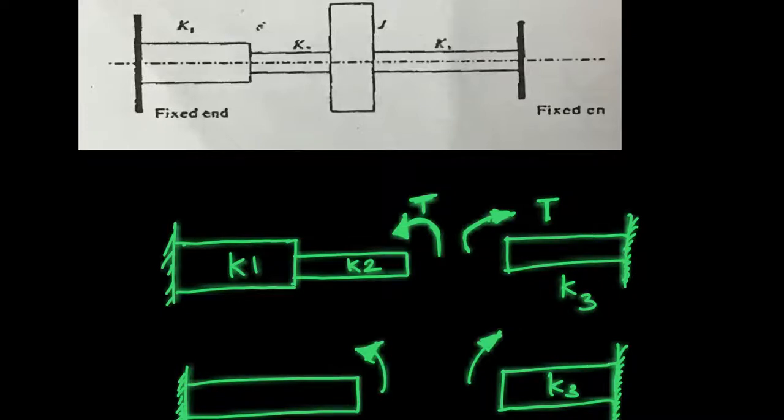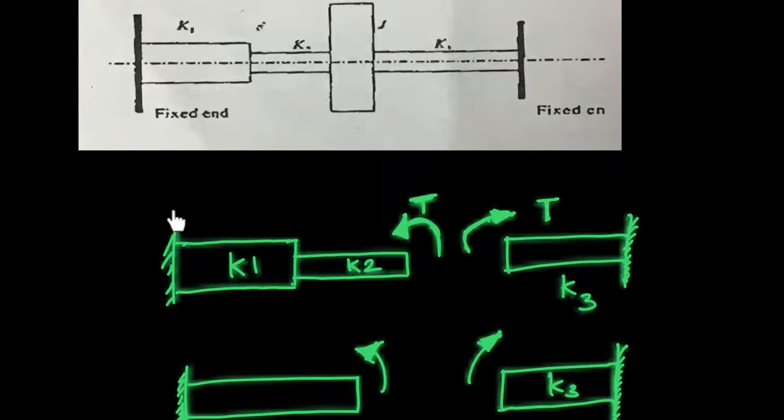Let's say I apply a torque over here, T, and then I'm now going to draw the free body diagram of the whole system like this. Then it clearly shows that this portion of the system will be subjected to the same amount of torque. This one will be subjected to the same amount of torque, and this one will also be subjected to the same amount of torque.